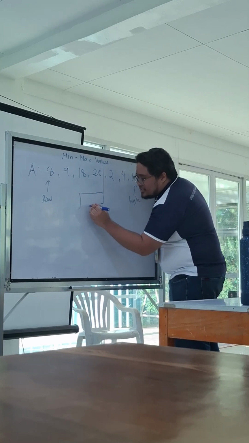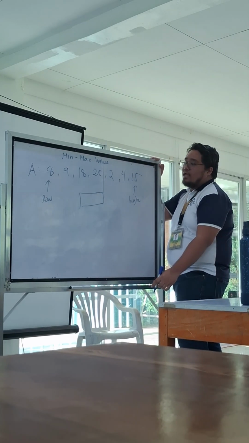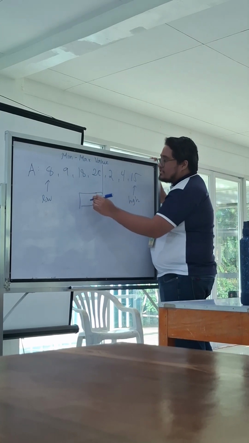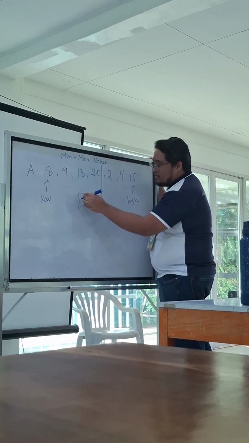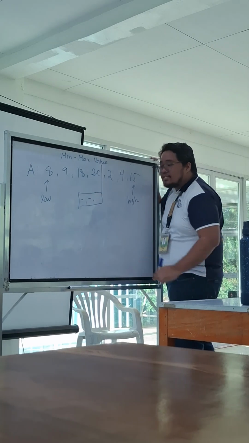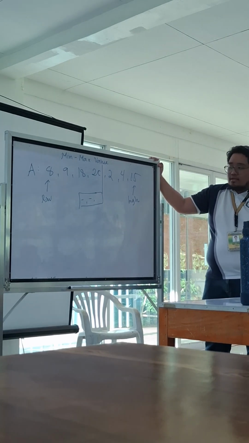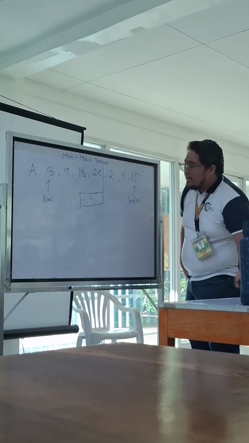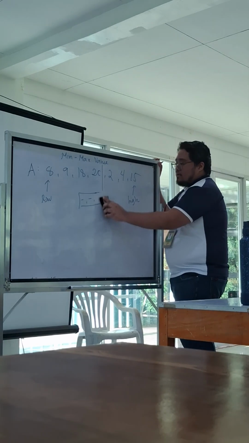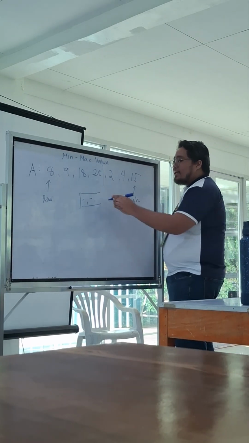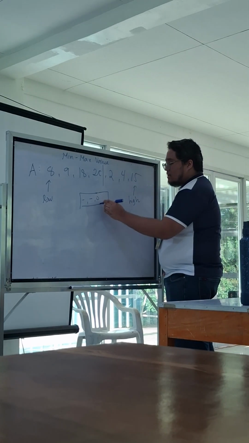So, in the first iteration, our min is, well, we don't know the min. We have no min and we have no max. Okay? What is our low and high? Our low and high is 0 and 3.